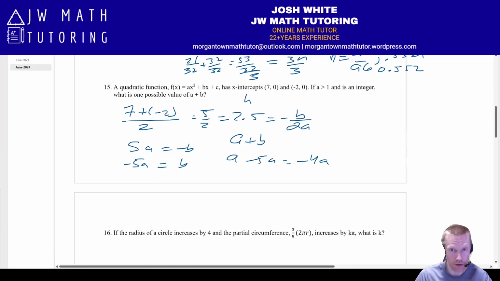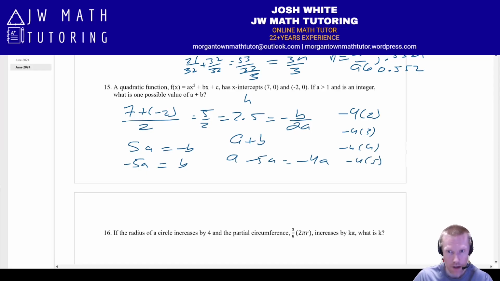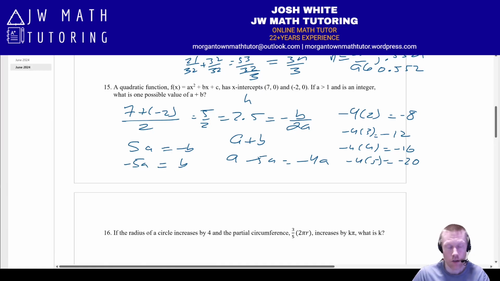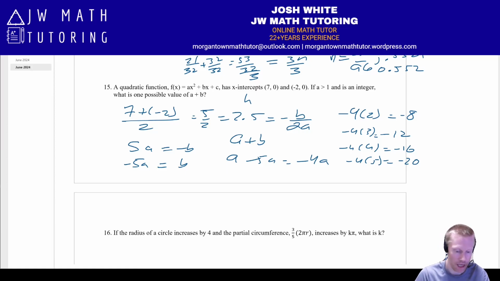So if you know now a is greater than 1 and is an integer, you can just plug in 2 or 3 or 4 or 5, and you basically see -8, -12, -16, -20. You look at your answer choices, because this is going to be a multiple choice question, and you see which one matches. That's going to be the correct answer. So this is the method to do it by hand.